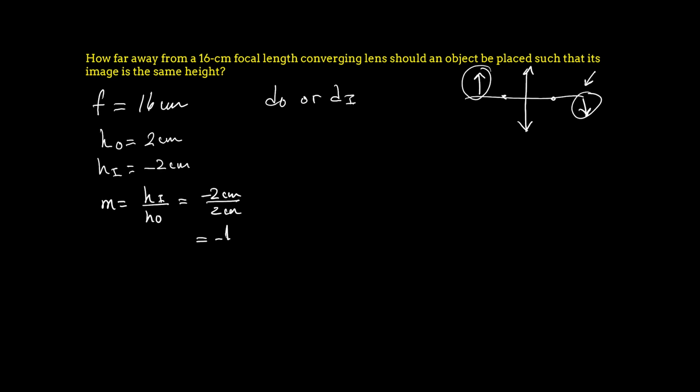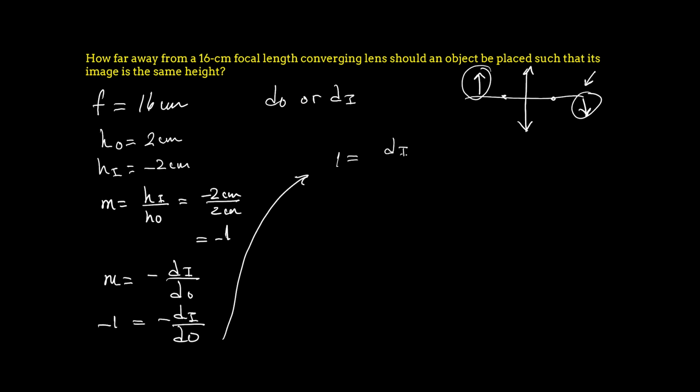Magnification is also defined as negative DI over DO. But it's negative 1. That means 1 equals DI over DO. The minus sign cancels out. Or the distance to the image is the same as the distance to the object. That is an important finding.